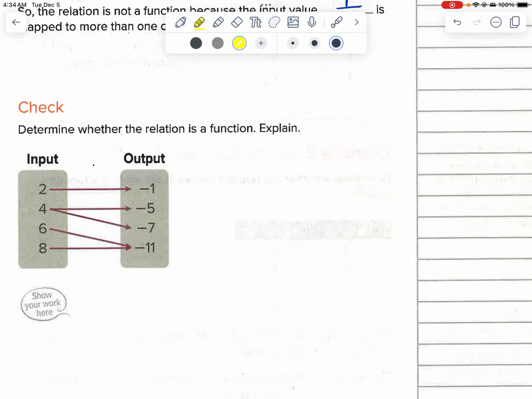Okay, so let's look here. If I look at these right here, 2 is going to -1. 4, though, look at that. It's going to 2 different things.